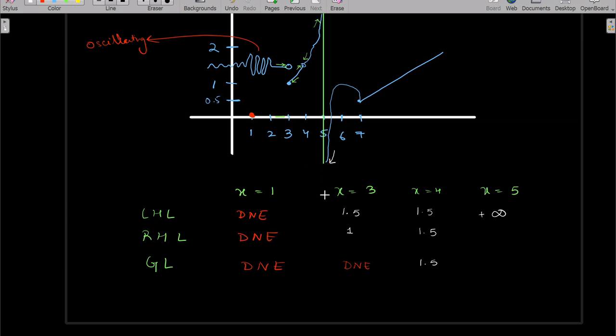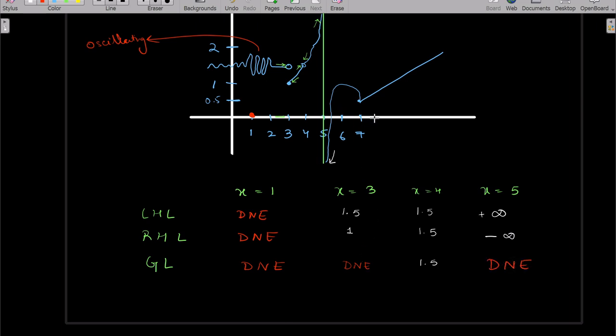You'll go all the way in the negative direction. So negative infinity? Negative infinity. Since LHL and RHL are not the same, the limit does not exist.